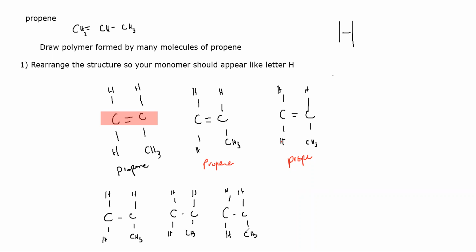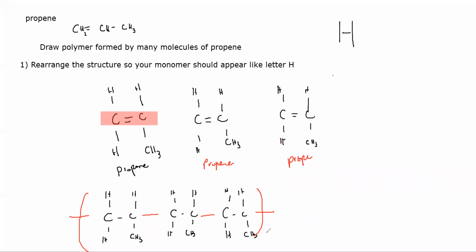Now we will link them together by a single bond. These two carbon will have a single bond, these two carbon will have a single bond. Next to them there are also carbon chains, but we are not drawing all.